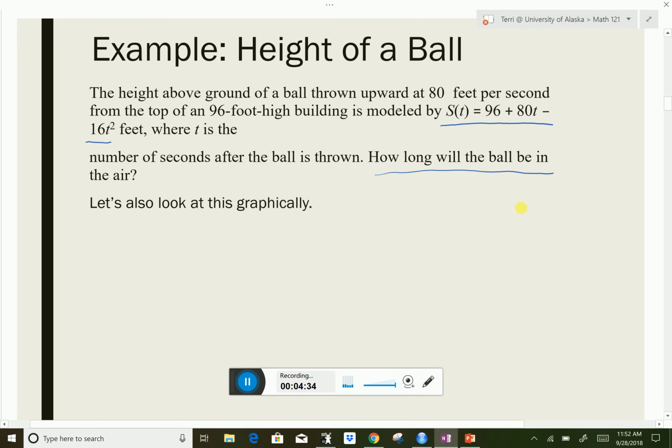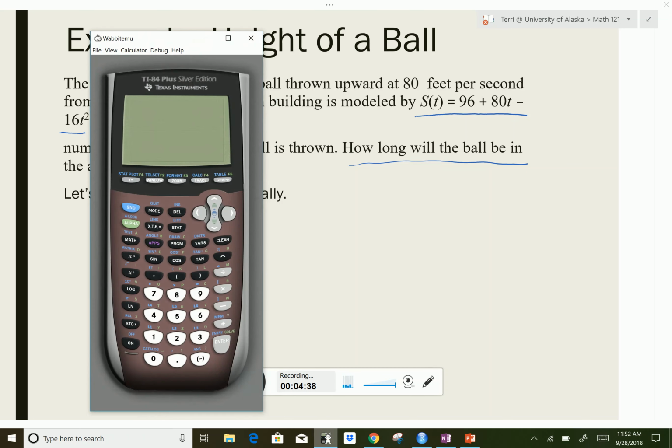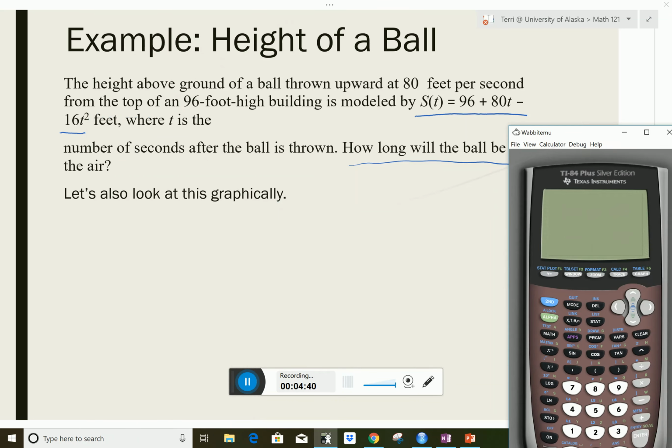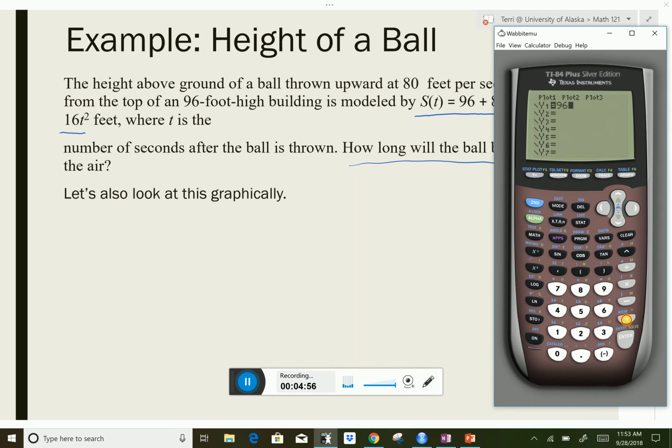Okay, I want to look at this graphically first. So I'm going to pull out my graphing calculator. And I'm going to go y equals, that was something else that I did before, 96 plus 80x, because I don't have t in here, plus 16x squared.